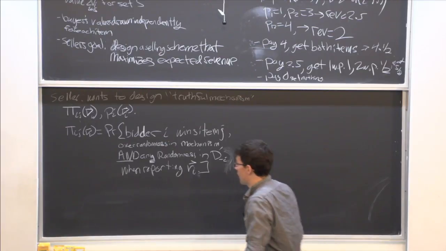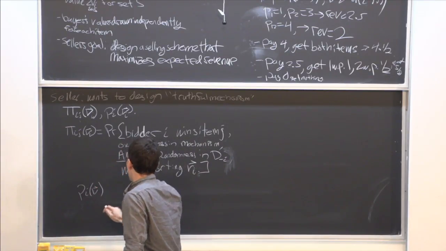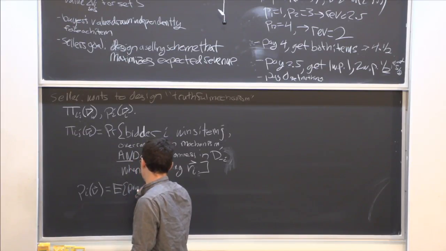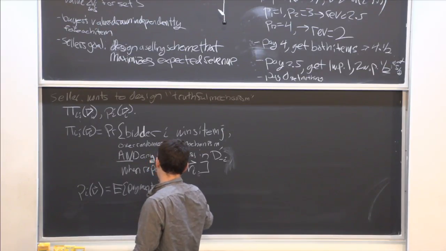Okay, and then pi is just the expected payment of i over the same randomness.